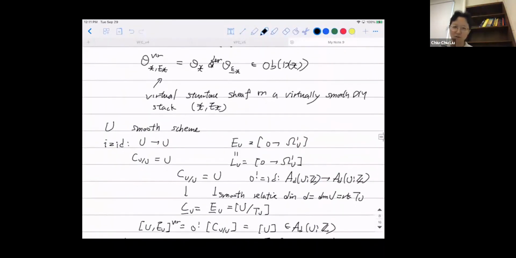U is this one, E is the U factor TU, like this E.